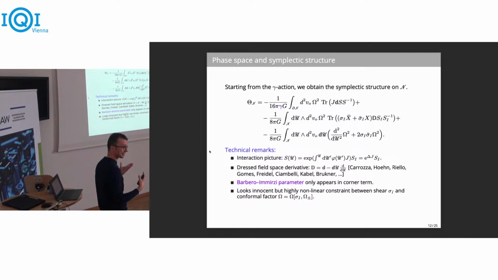This means that at the quantum level, everything becomes quantum. The shear degrees of freedom become quantum because there is a symplectic structure for them. But the corner data, the data at the cuts that determines the initial data at the two cross sections for solving the Raychaudhuri equation, will also have its symplectic structure, so it can also be quantum.